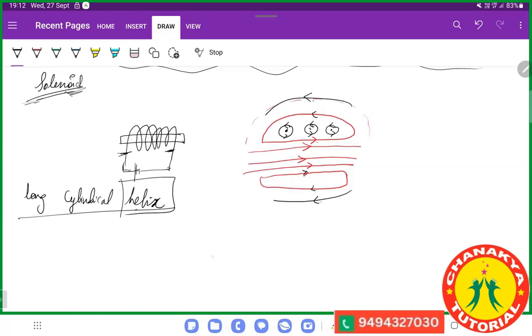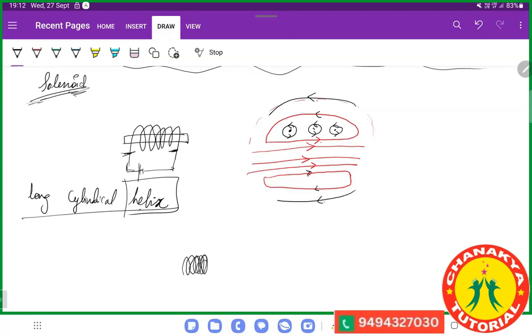Have you observed a spring? They are in this form, right? Springs are in this form. Now, if you expand this spring here, it will form this shape.